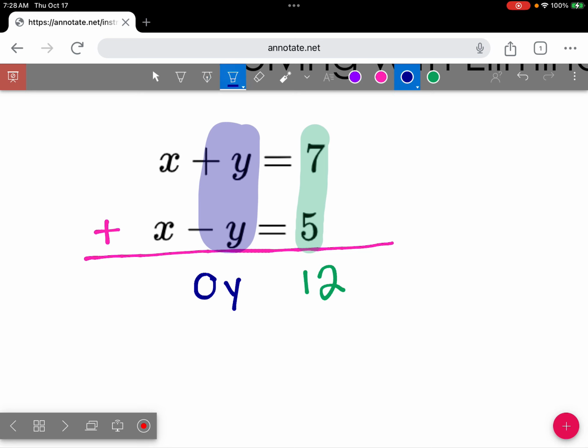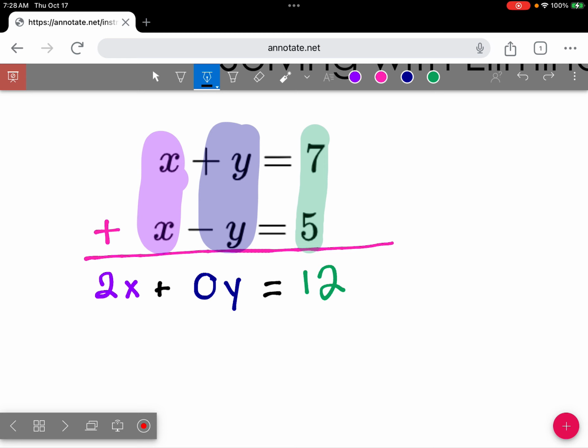And then how about for my x's? I have 1x plus 1x. 2 x's. So I'm taking my two equations and smashing them together. All those signs kind of drop down too. We have a plus here, and our equals stays right here.